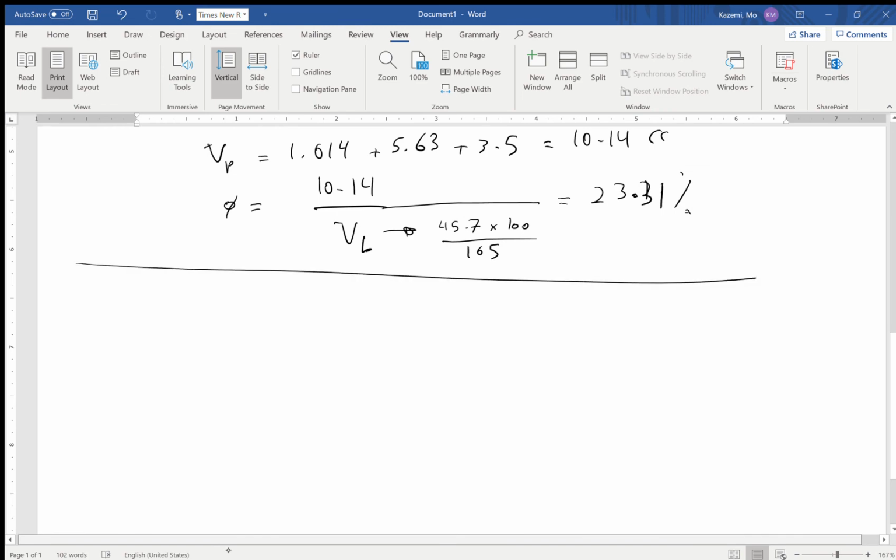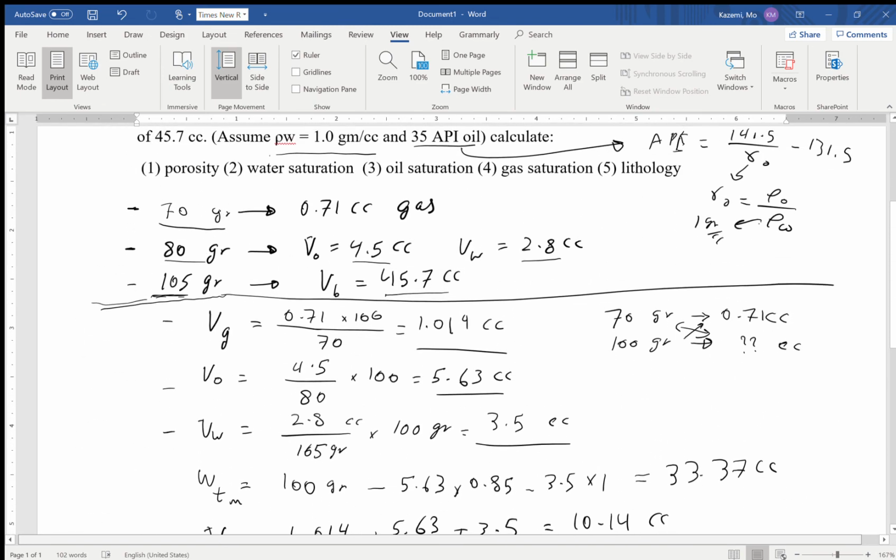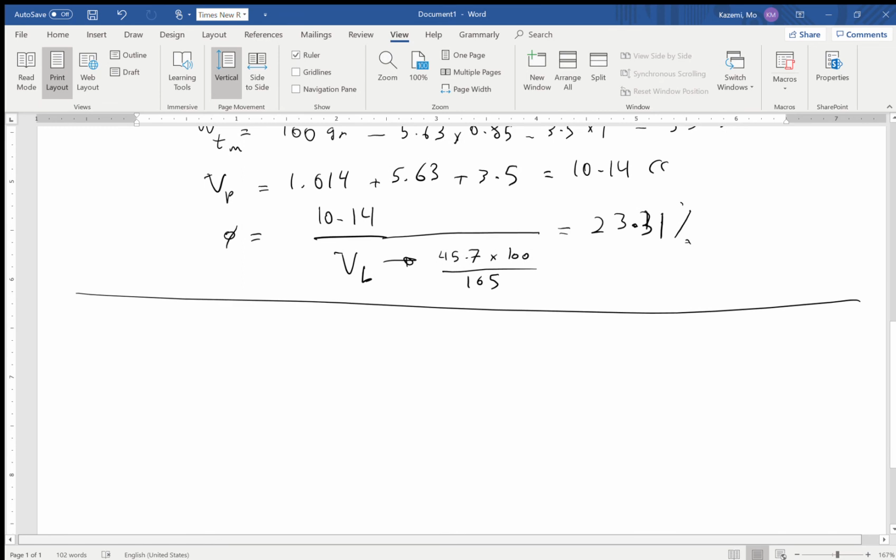All right, cool. So the second part is asking about the water saturation. I think that the rest is pretty straightforward. Water saturation is simply water volume divided by pore volume. So we had 3.5 cc of water divided by 10.14, that's our pore volume, which we calculated at the top. That gives us 34.5%.